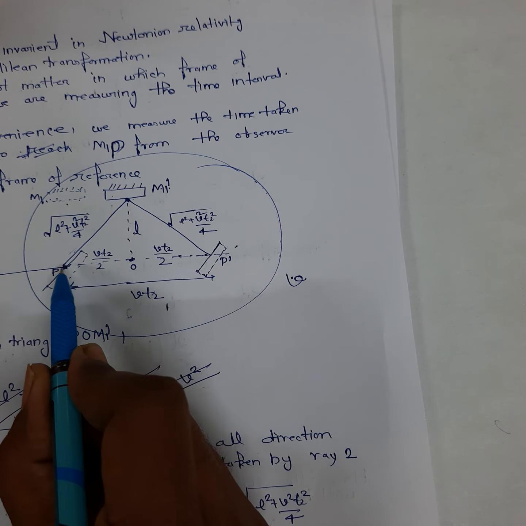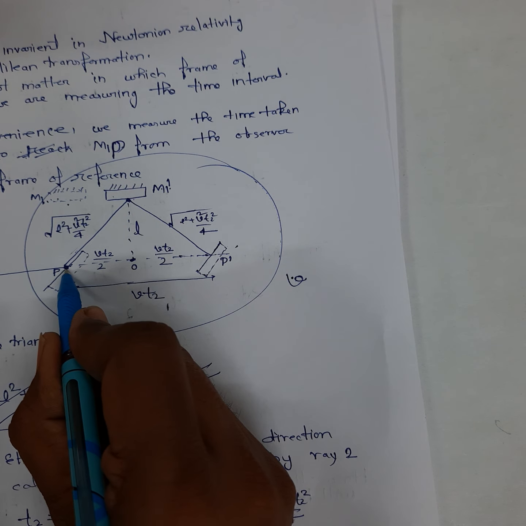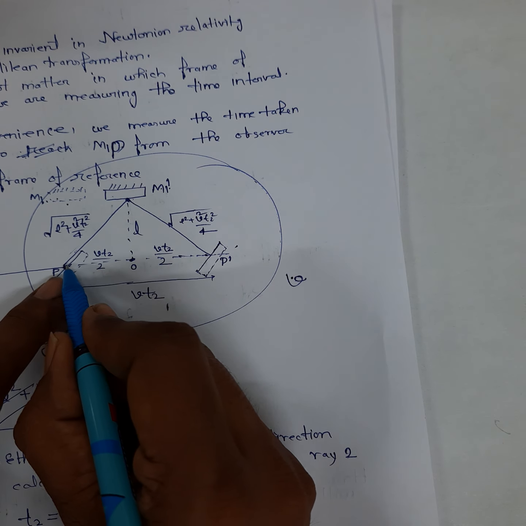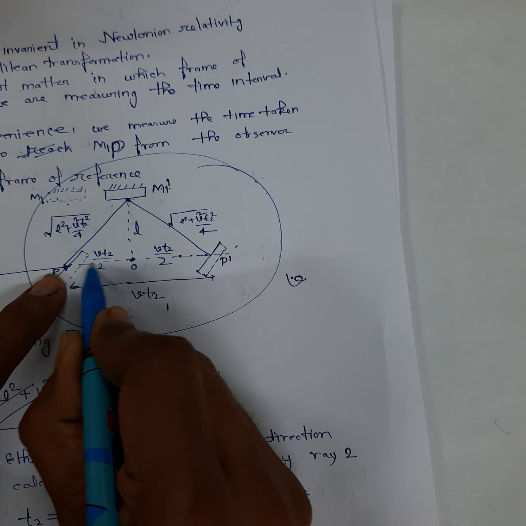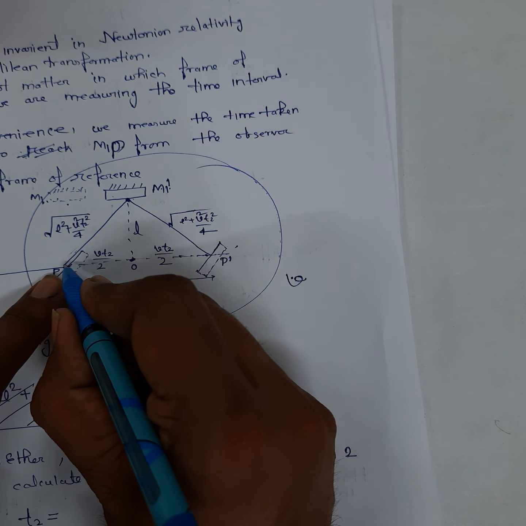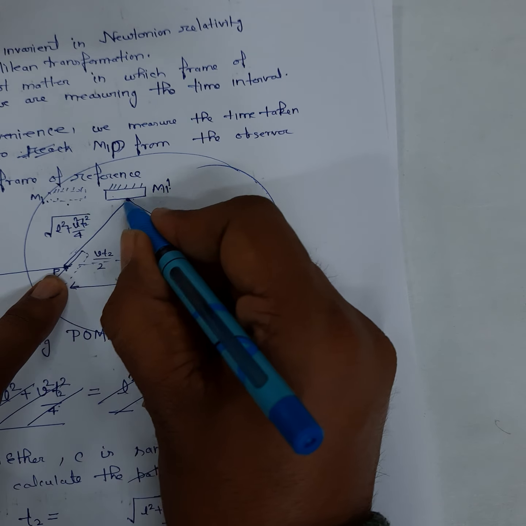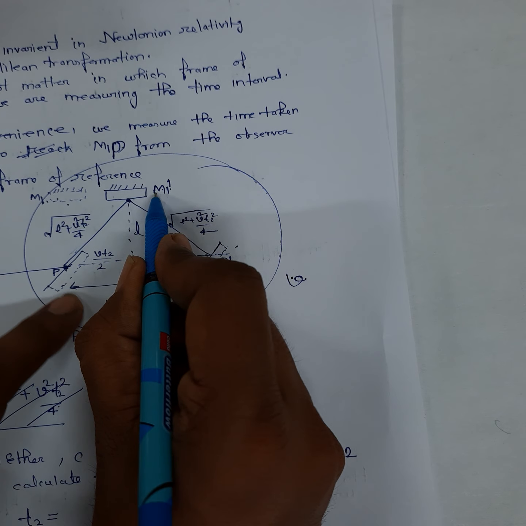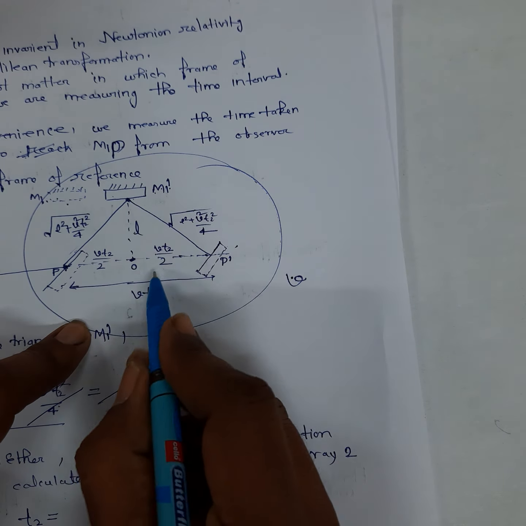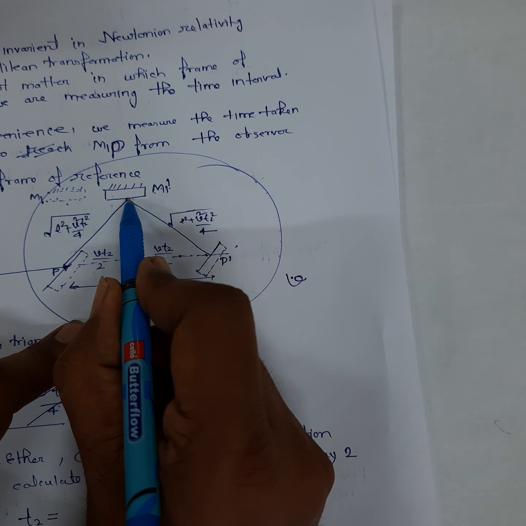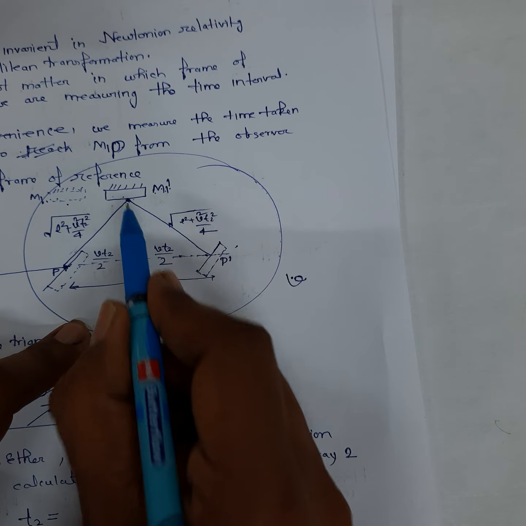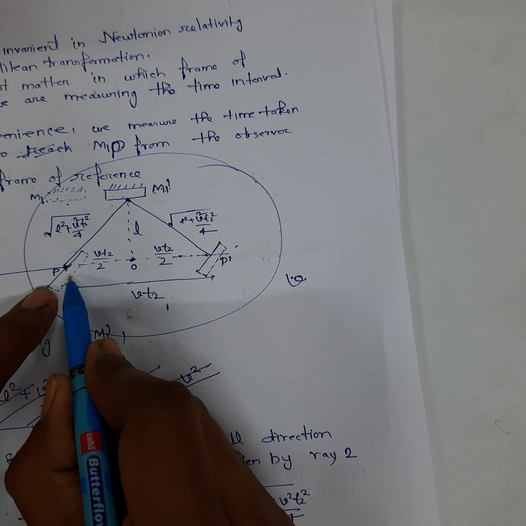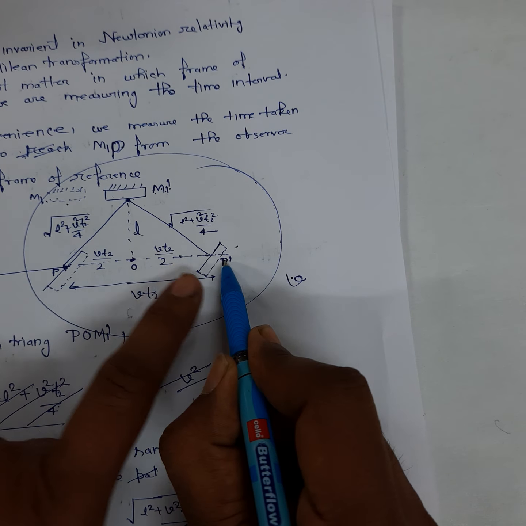So when the beam strikes this point P, after reflection, when it splits, part of the beam travels in this direction and part of the beam goes in this direction. So this is the new position M1 dash. Again, when the beam reaches M1 dash, it reflects. When it reflects, the beam splitter gets a new position P dash.